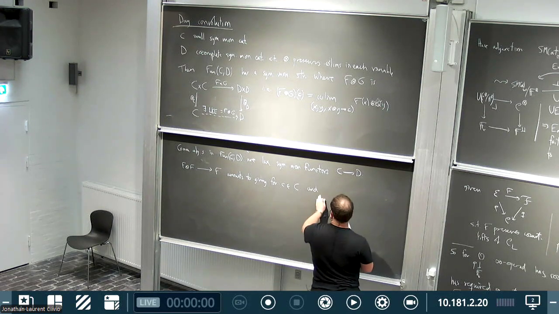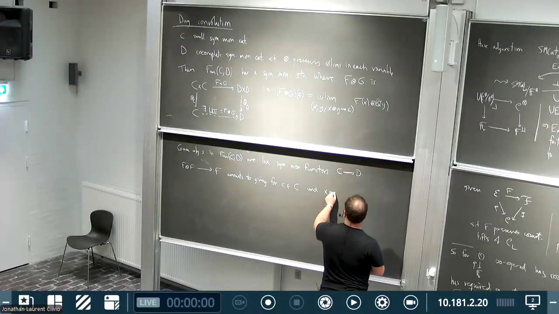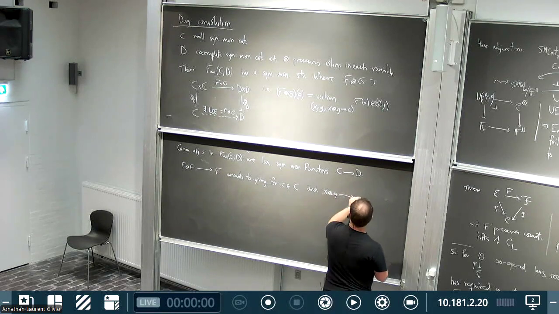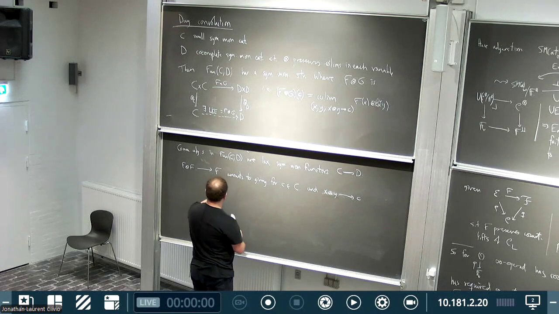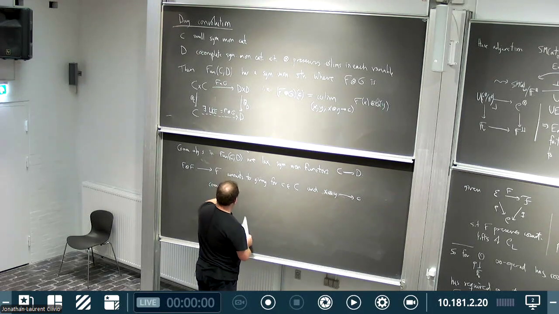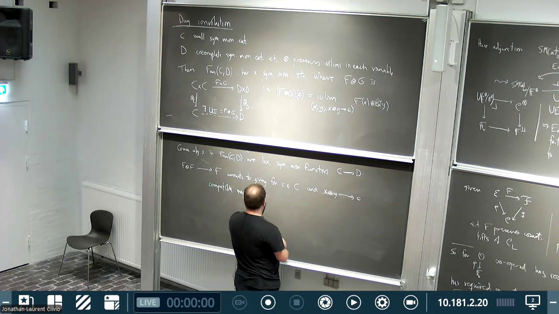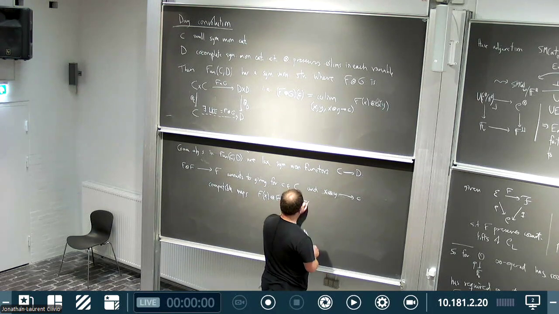This is saying I should have a compatible choice of maps for every map x tensor y to c, compatible maps f of x tensor f of y to f of c.